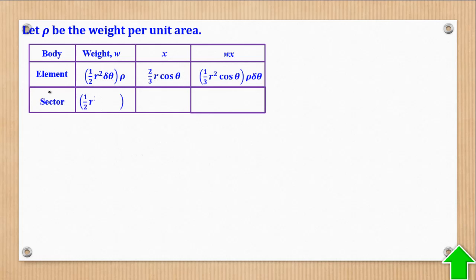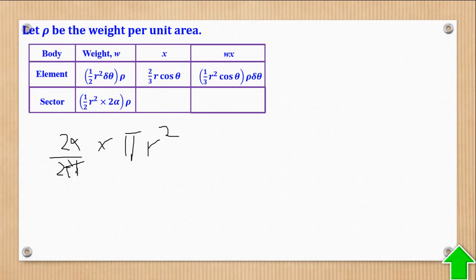Then for a sector, the area is half r squared times 2 alpha. Now, why is it so? Remember, the area of a full circle would be pi r squared. Then what about the area of a sector? It will be the angle over 360, but because the angle is in radians, we use 2 pi, because I believe by now we know that 360 degrees is the same as 2 pi radians.